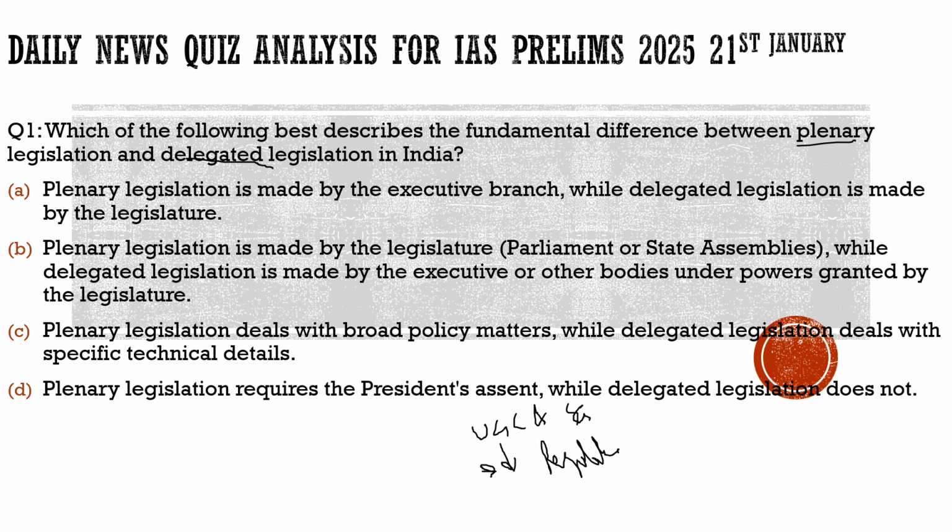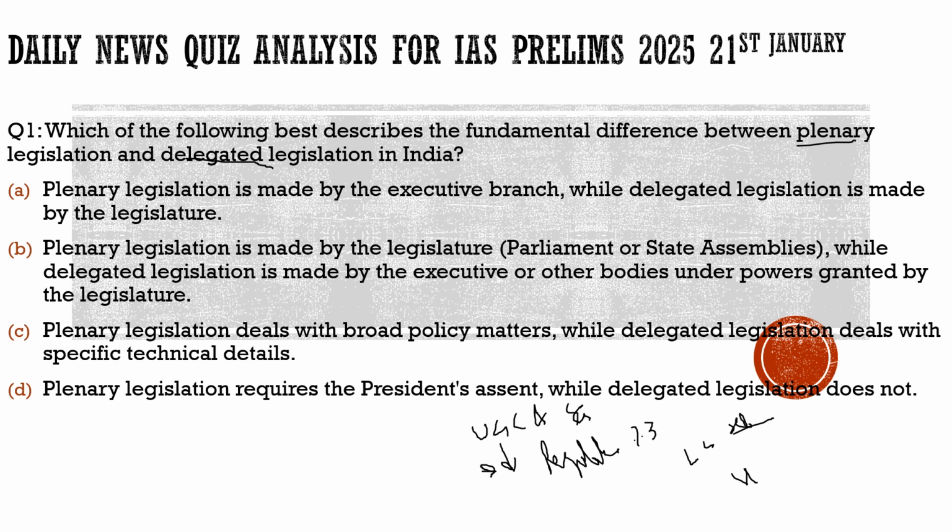In this Regulation 7.3, what they are proposing with respect to state governments is that whenever they have to choose a VC for the state universities, they would need the lieutenant governor and a selection committee. So what is UGC proposing here? That in this selection committee, one member should be from the UGC, and that's what the state government is opposing. State government is saying that it is an overreach from the UGC, which is the central institution. So this is the whole controversy, why we had brought this question.